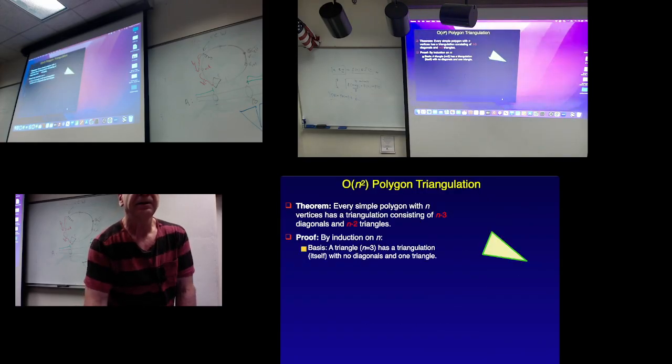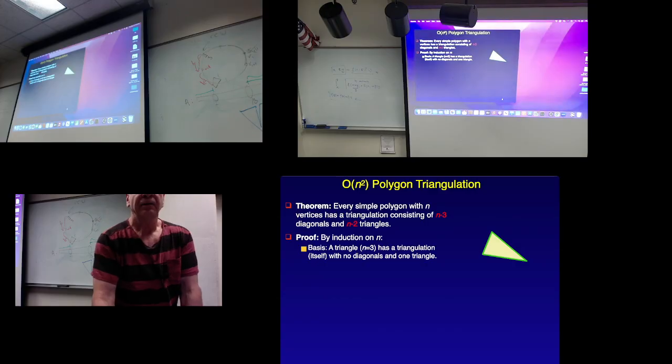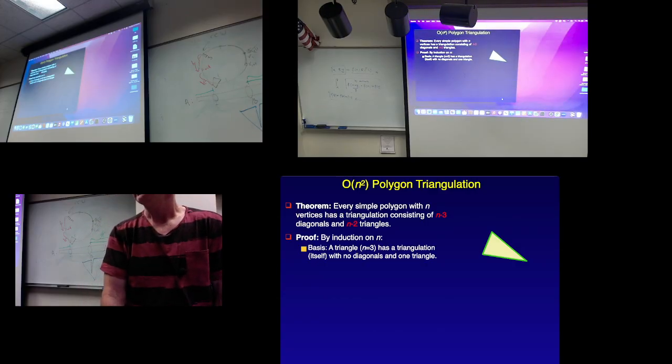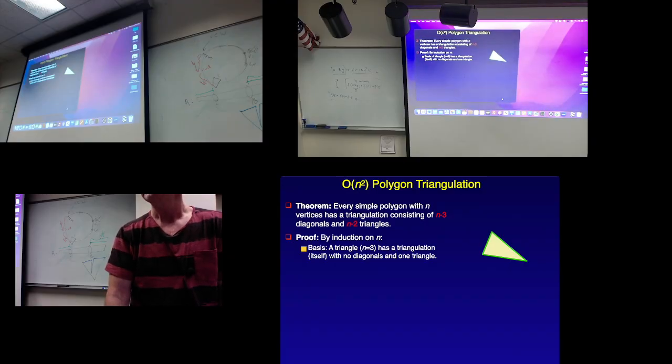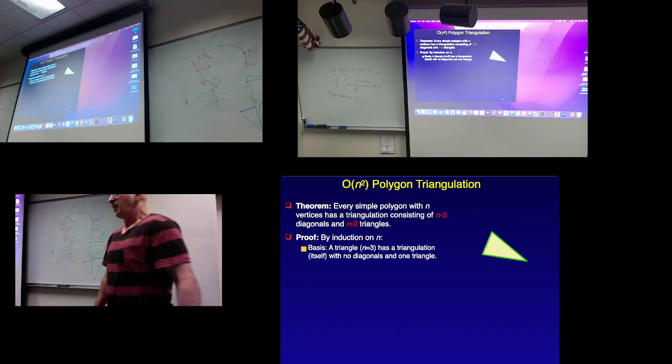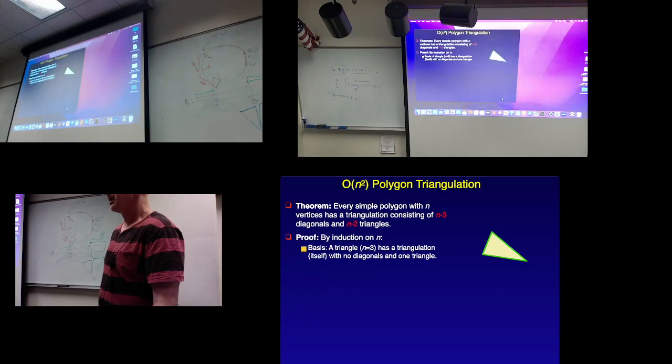Okay, so we know that there is a diagonal, which means that we can even find it in linear time, which means that we can triangulate the polygon in n squared, find a partition into triangles. The n squared is not complicated.